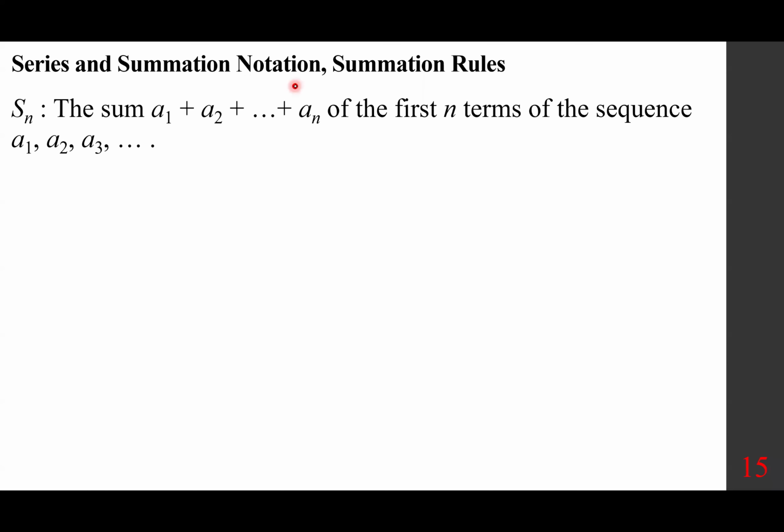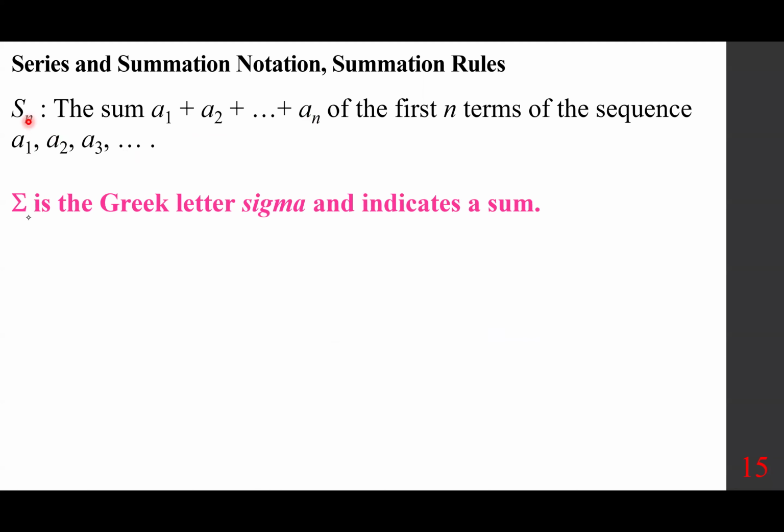Series and summation notation, summation rules. S sub n, the sum of a sub 1 plus a sub 2 all the way to a sub n of the first n terms of the sequence. So here's the sequence, and S represents the sum. The Greek letter sigma indicates a sum.